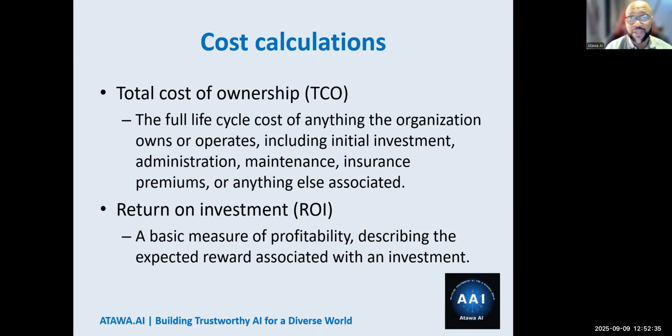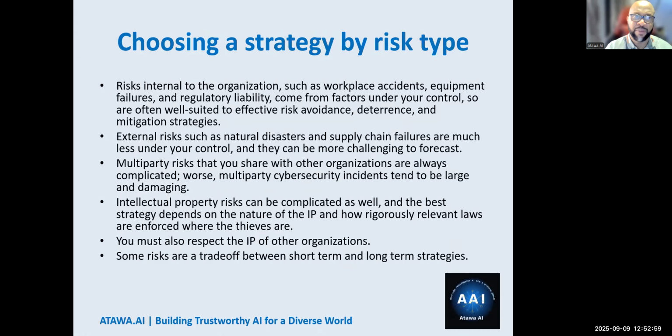But when you need to do that, you need to make sure you understand what's called TCO, the total cost of ownership, right? It's also very important even in thinking about moving to the cloud. What is the cost of me buying all these computers as opposed to the cost of using a cloud service provider? So total cost of ownership is a doctrine that you should know. It means not just buying the equipment, also maintenance of the equipment, insurance on the equipment. These are all part of it, right?